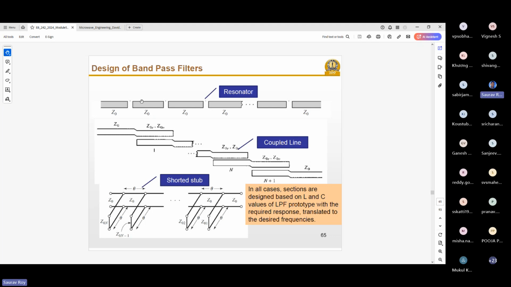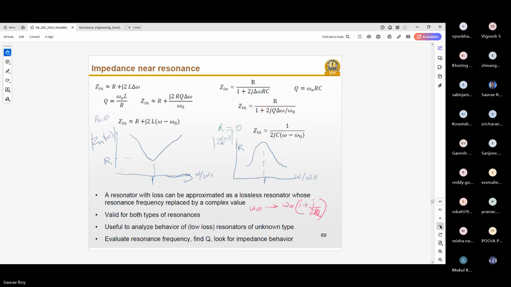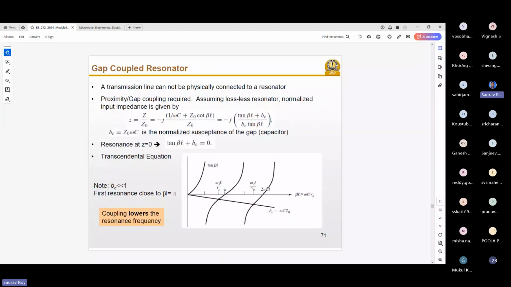The successive transmission line sections are of length lambda by 2 and open circuit at the other end because of the gap. That's why it behaves like a resonator. This complete implementation is called a gap coupled resonator bandpass filter. That is what we are talking about, the first one. Now, how to analyze this?